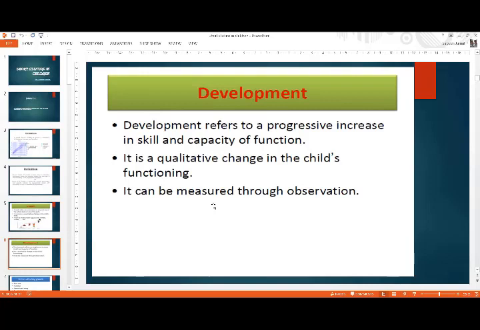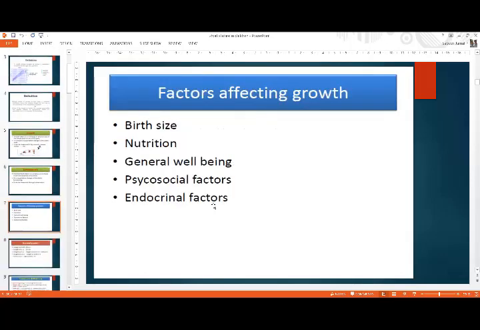Child development can be measured through observation. There are different milestones depending upon the child's age, through which we measure and assess the development of the child.